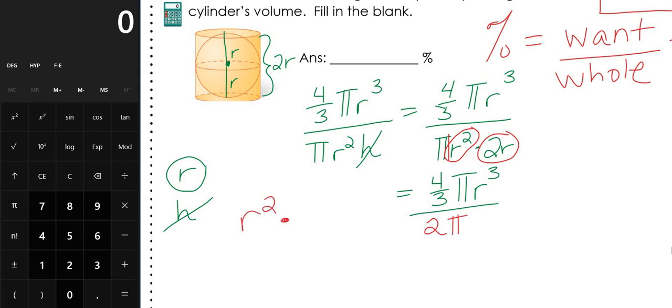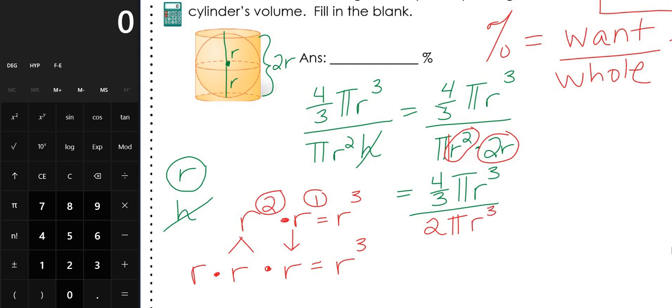Algebra recap. r is to the first power. When you multiply r squared times r, you're going to add the exponents, 2 plus 1. So it's r cubed. In other words, think of r squared as r times r, and then you're multiplying it by another r. So r times r times r, those are 3 r's. So r to the third power. So I'm simplifying the denominator to be 2 pi r cubed.